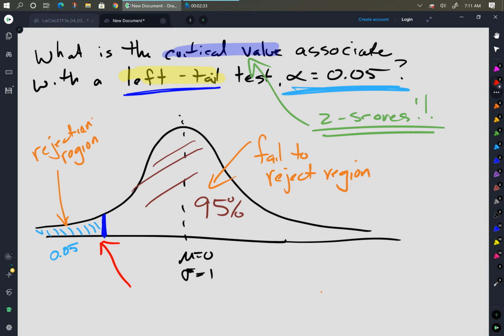This is a normal distribution where we know the size of that left tail. And so we would find that critical value, that z-score, by doing an inverse normal, where we're going to say, what's the z-score? What's the critical value? They're calling it a critical value because we're doing hypothesis testing, but it's just a z-score. What's the z-score that has that left tail of 0.05?